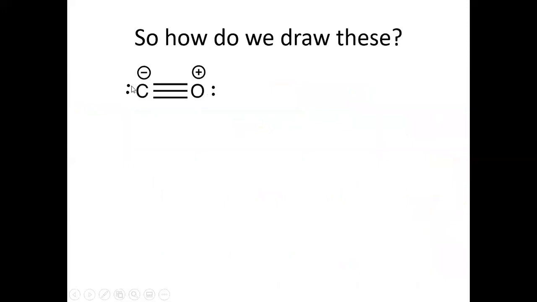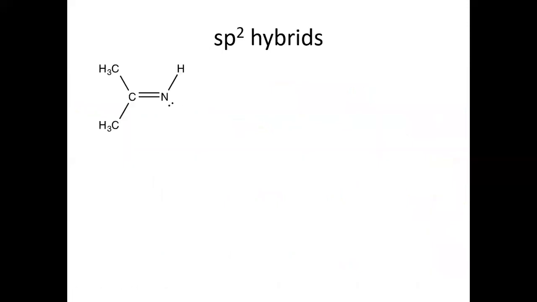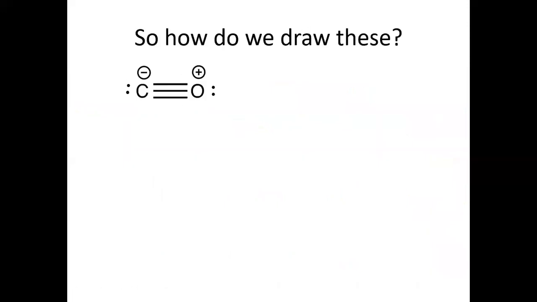Okay. So how do we draw these, right? Basically, this right here is a weird molecule to think about. This is carbon monoxide. And this is a weird representation, right? So what is the hybridization of that carbon in this molecule?